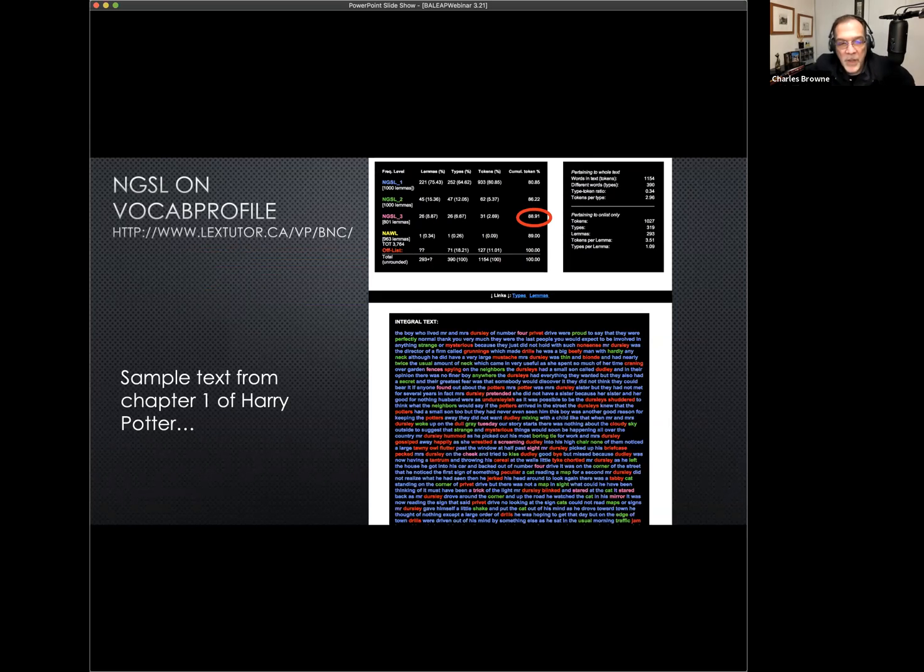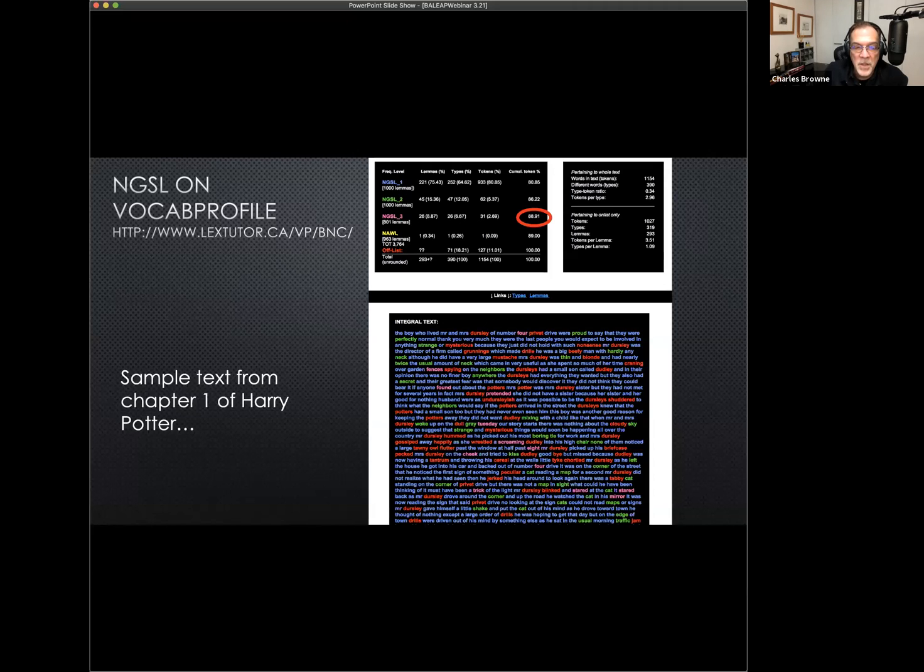So Vocab Profile really gives you a nice visual. I think this is easier to read than the bottom part of OGTE. But the problem is the interface, which is what gets complicated for people. If you look, my tool said the NGSL gives 93% coverage of Harry Potter. Here, we're only getting 88%.